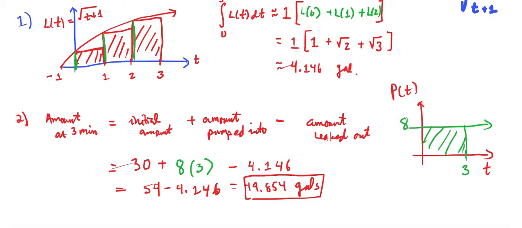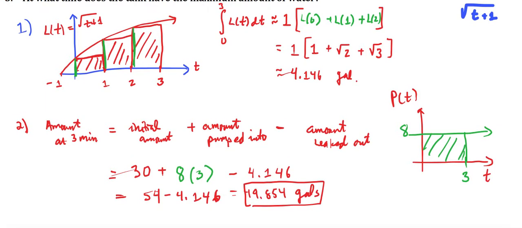Okay, so the initial amount, plus the amount that was pumped in, minus the amount that leaked out, equals the amount of gallons that is in the tank at that particular time.